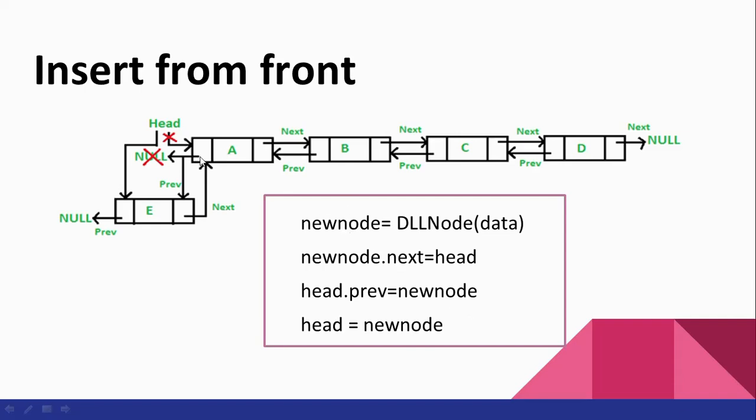That means the previous pointer of the head node, A, must point to the new node as shown in this diagram, and head equals new node. Obviously now the new head is the new node. So this is the process of inserting a node at the front of the linked list.